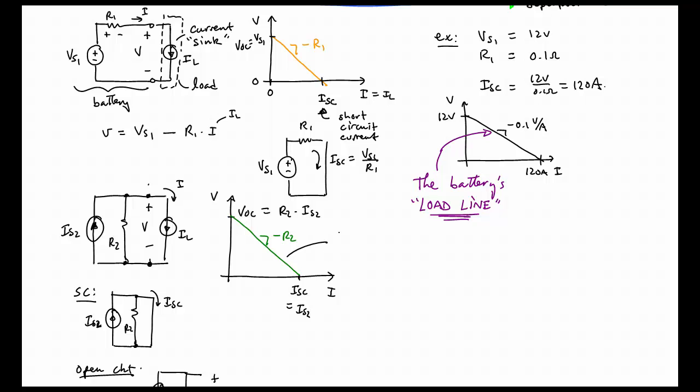We would say that V is equal to, I'm going to do KCL at this node up here, IS2 minus IL times R2, which is equal to IS2 R2 minus R2 IL.